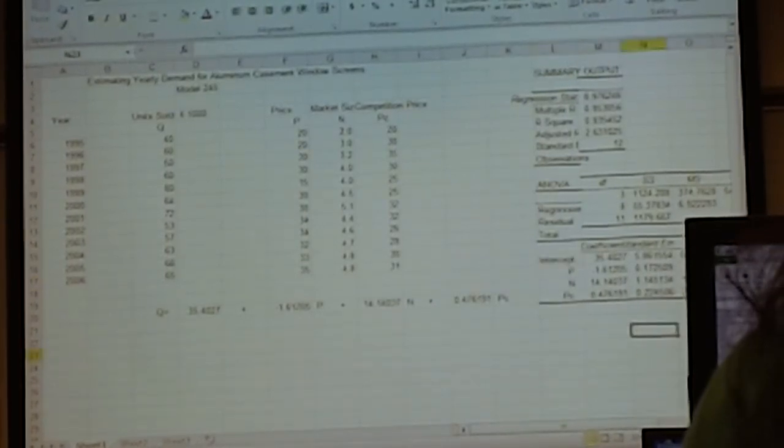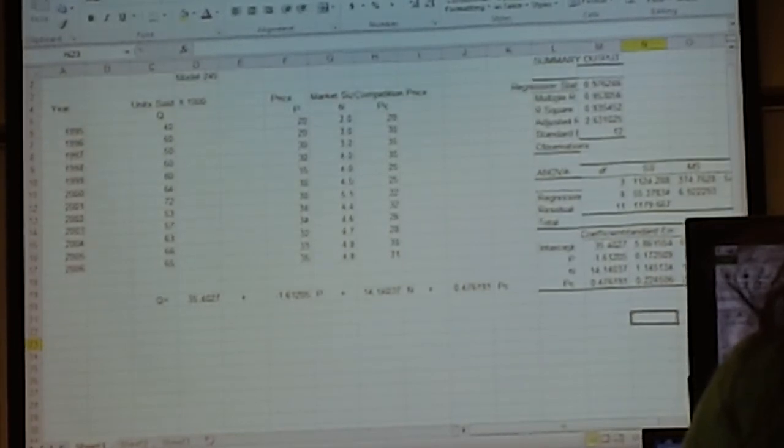But before we use this equation, we want to see how it looks. What was the Y range? Q. The first thing we want to look at is the P-values for P, N, and PC. Now the first P test, let's put the T test in here underneath it. So the first one is this one.